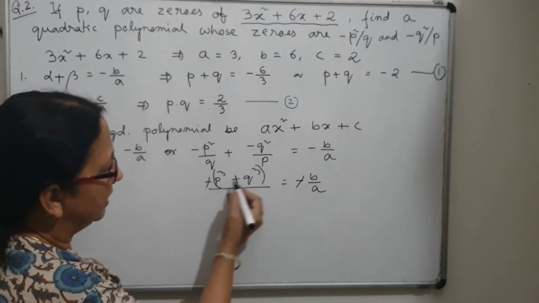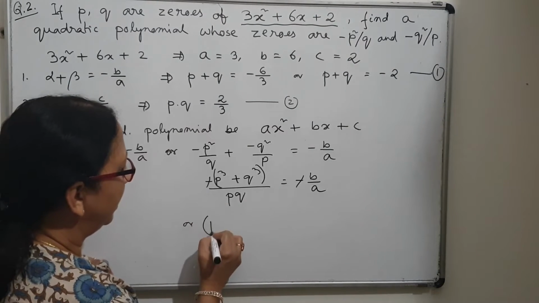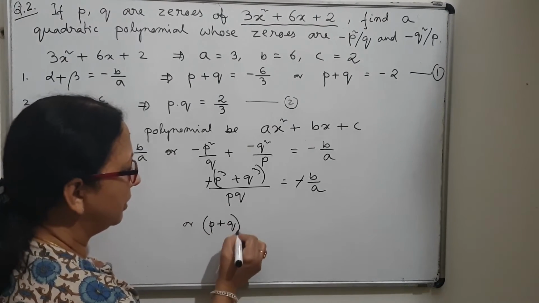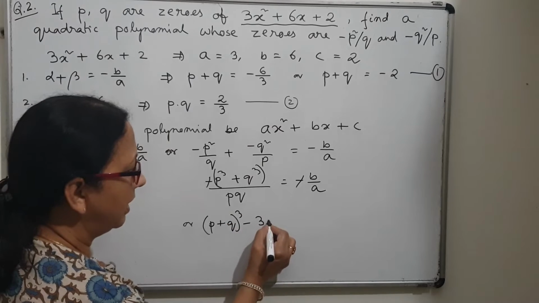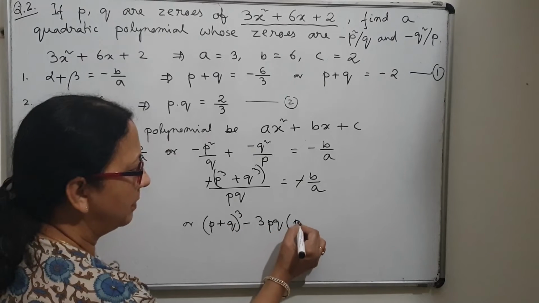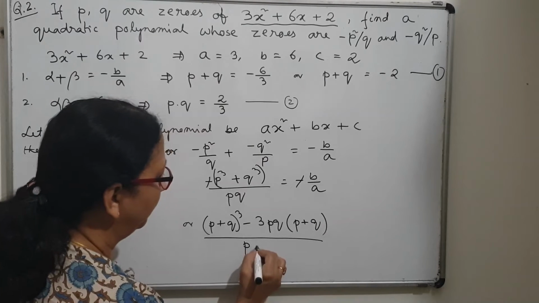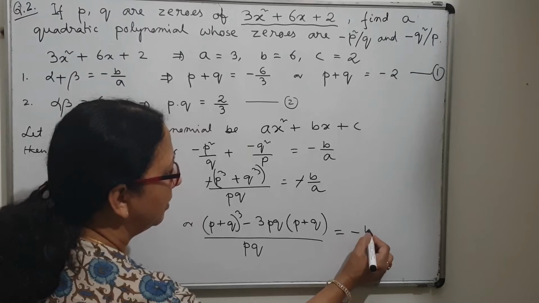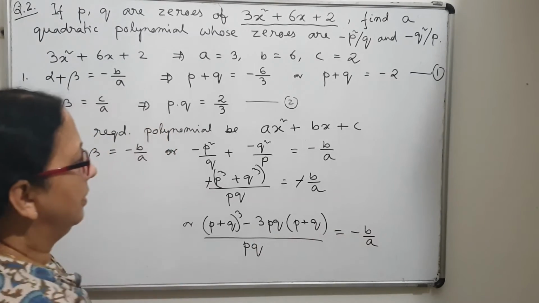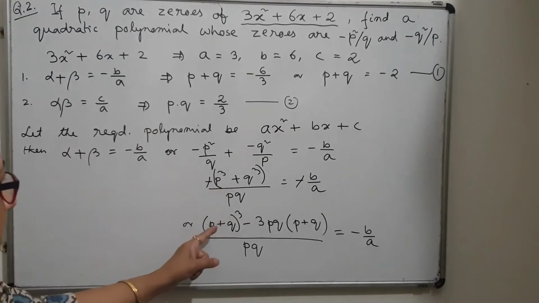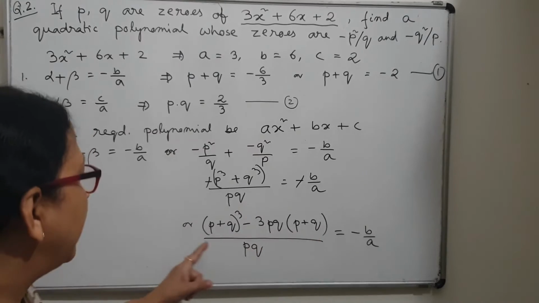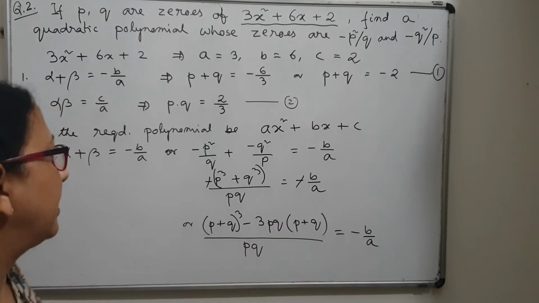So you know a cube plus b cube is a plus b whole cube minus 3ab into a plus b, upon pq is b upon a. So I have changed this into this form using the algebraic identity that I learned in class 9.